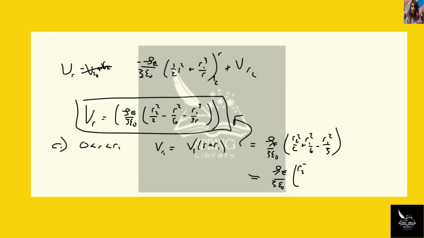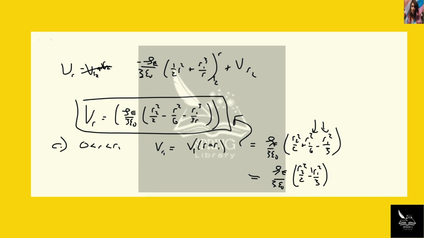Simplifying this as rho E over 3 epsilon naught, we still have R2 squared over 2, but now these two R1 squared terms can combine, and this becomes minus, we have 1/6 minus 3/6, so this becomes minus 2/6 or minus 1/3 R1 squared.